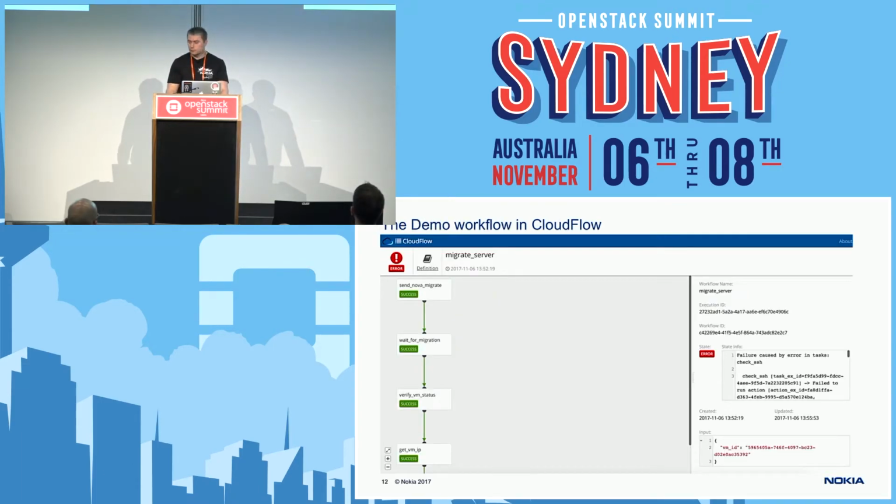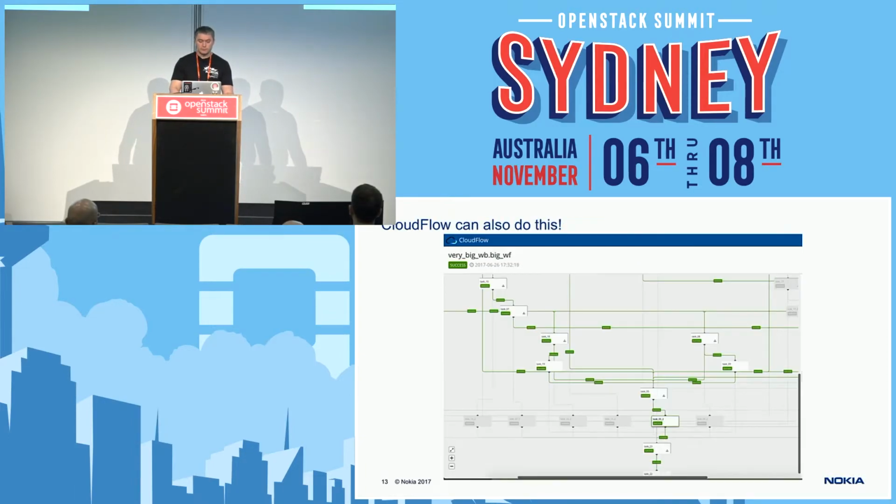In our particular demo scenario, the workflow was relatively simple. It's just a simple sequence of tasks where the next task runs only if the previous one is successful. But Cloudflow can do much more. It can draw something like this, and this is only a relatively small piece of the real workflow.